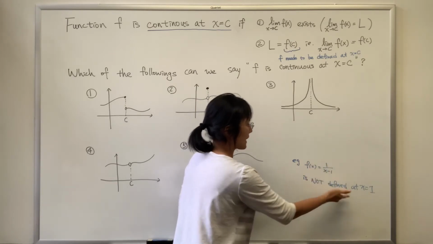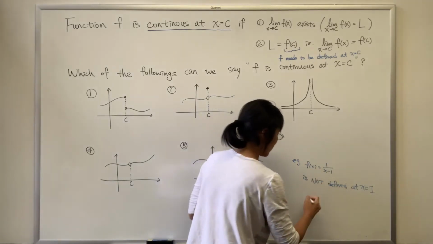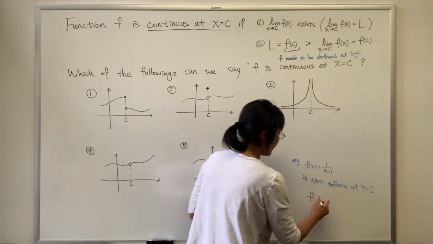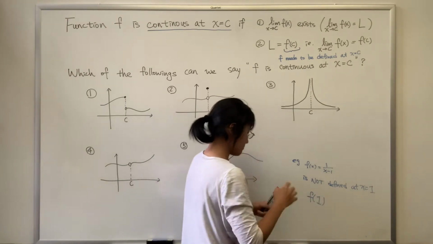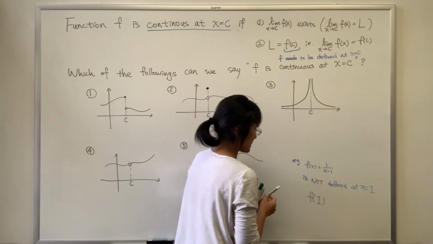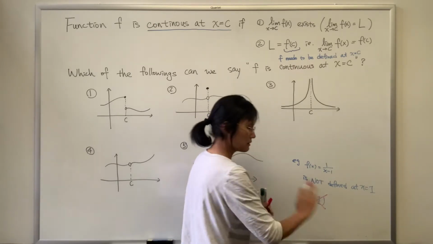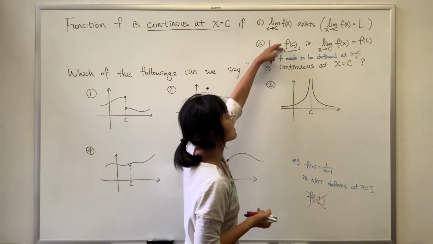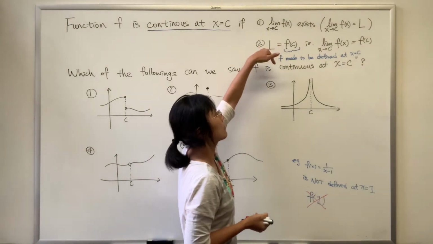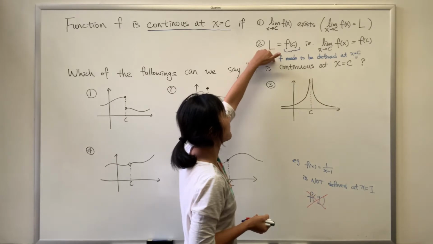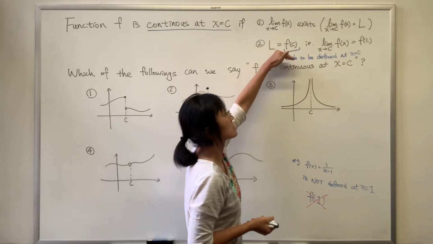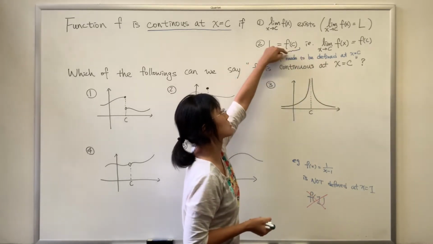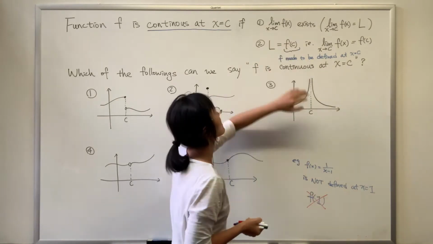Therefore, I can never ever write down f of 1 for this f. So this notation does not exist. Okay? So when I write f of c, I automatically imply that f is defined at c. Otherwise, this notation f of c does not make sense.